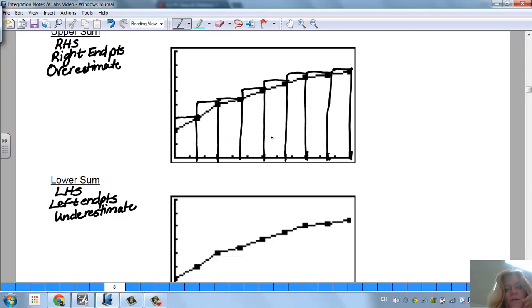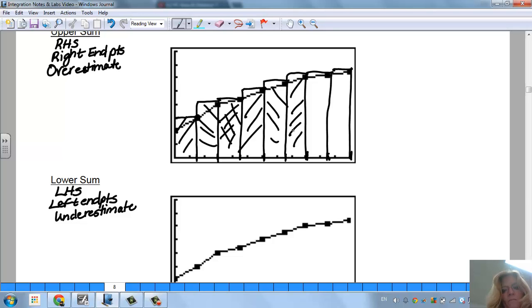One, 2, 3, 4, 5, 6, 7, 8 rectangles, and we're going to shade them. Okay, so this one's our overestimate. If you can see here, I'm overestimating just above the curve here, and we drew them.